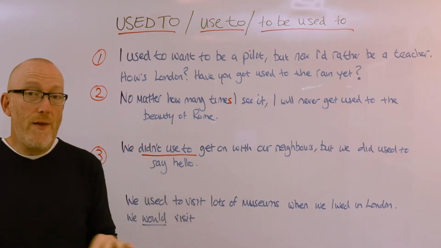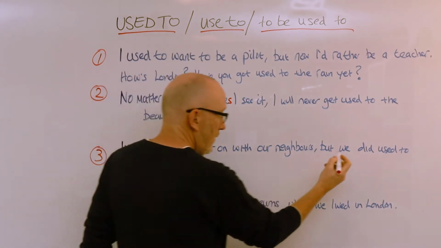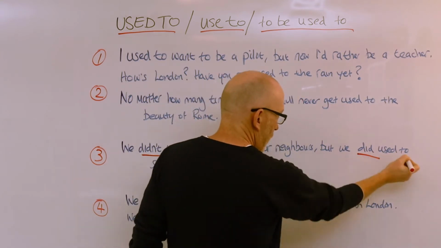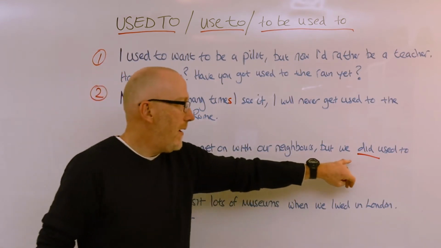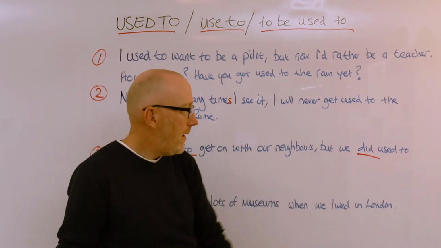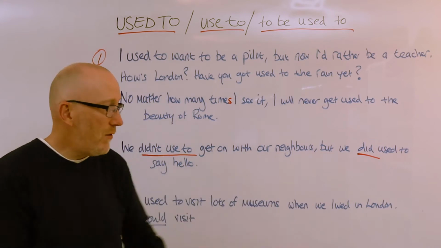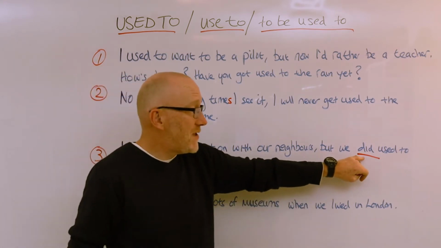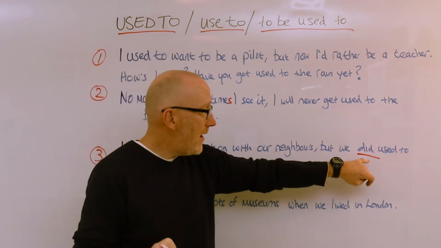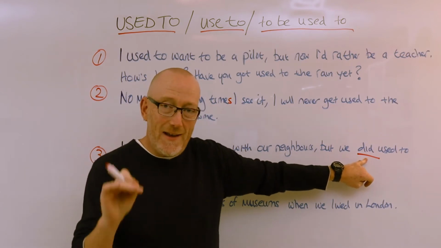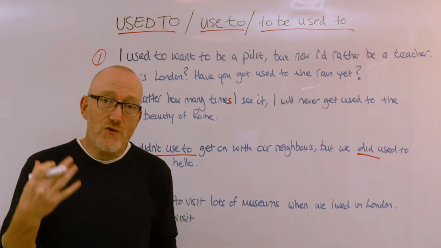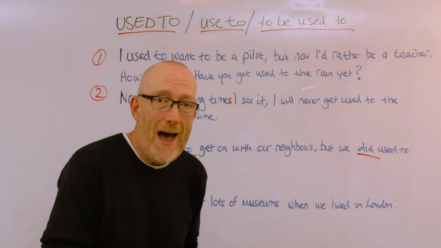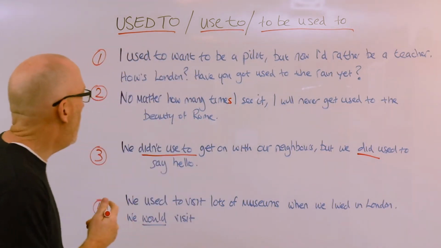Okay. Now another thing that I've done here is I've used a verb before used to. But it's not get, it's not become, it's an auxiliary, the verb do, in the past form. So this is describing something in the past, and we use did in this instance to add extra emphasis to something that happened in the past.